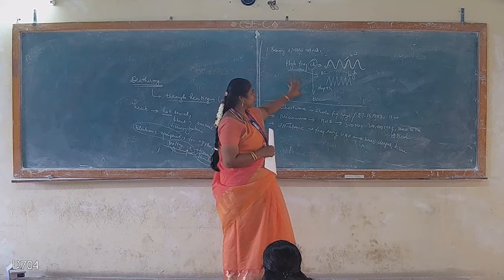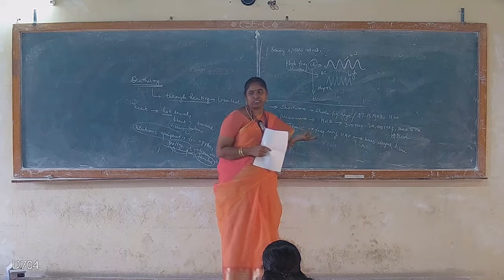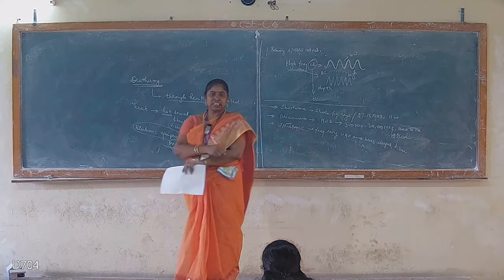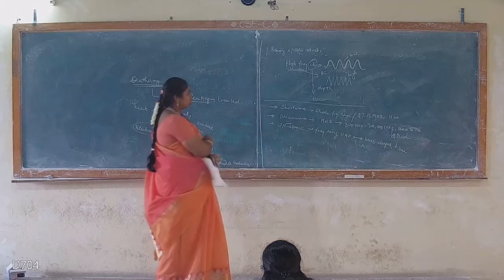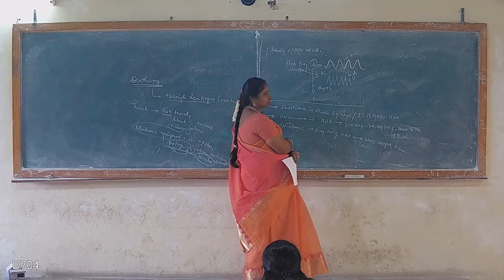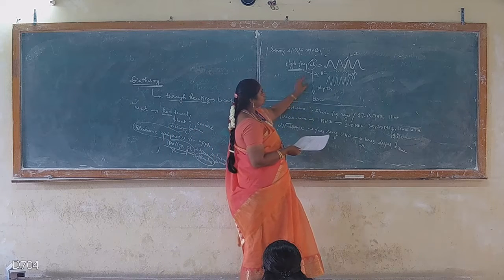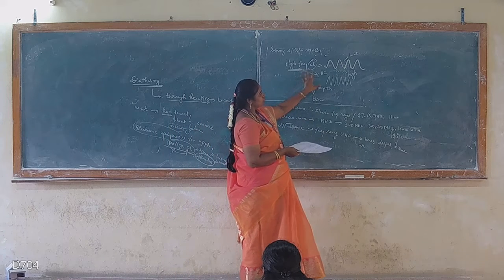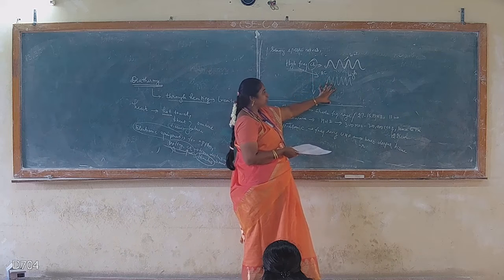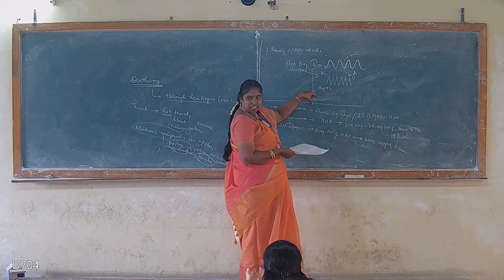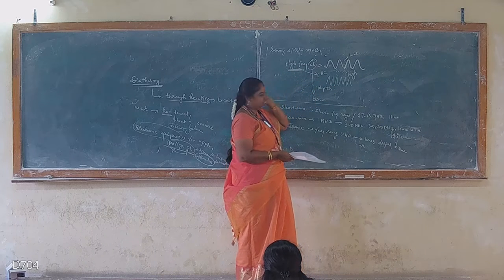The high frequency can be varied from some kilohertz to megahertz range, or even the ultra high frequency ranges. Depending on how much high frequency is provided, the area to be treated can be increased.